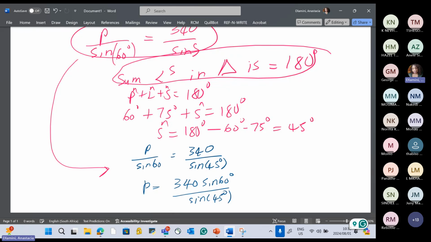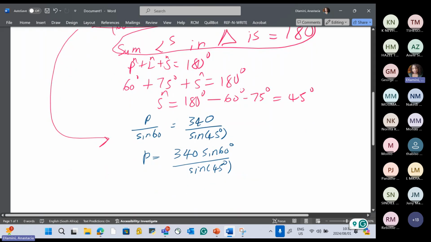Now in the exam, because I know you know sine of 60 degrees. What is sine of 60 degrees by heart? Come on, guys. Pi over 3? Square root of 3 over 2.